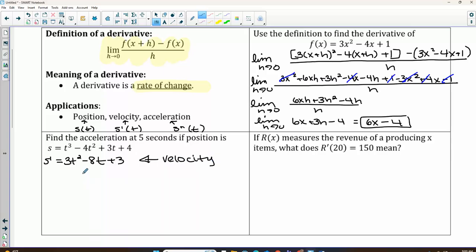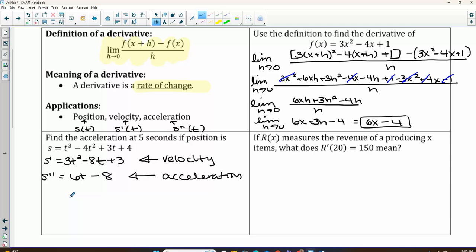So to get acceleration, we need the derivative. Again, we need to know how the velocity is changing. So if we do that, we get 6t minus 8. That's our acceleration. Now what do we do?